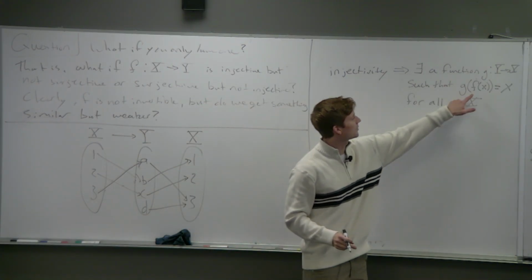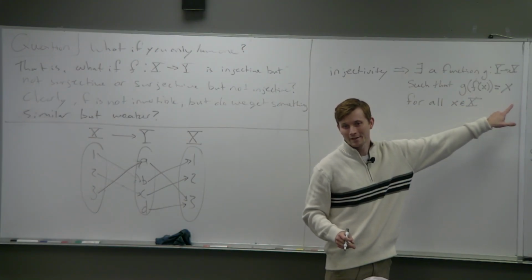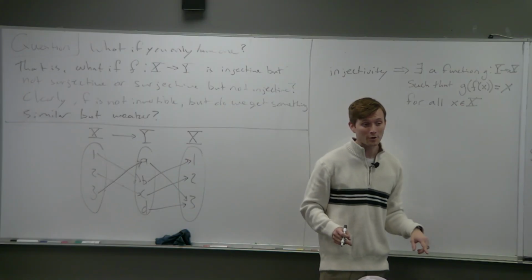I can put a function to the left of my function and get back to where I started. Can I do the other thing? Can I put it on the right?